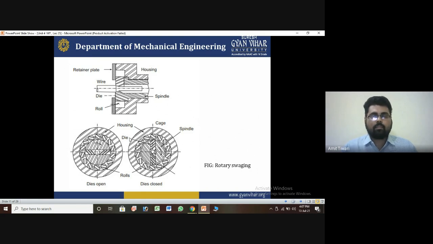The retaining plates work for absorbing the heat, and any mechanical shocks or other damage is absorbed by the retainer plate, and the wire is used for wire drawing, to convert the rod or tube into a rod.